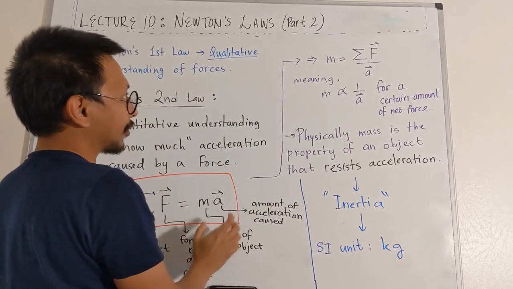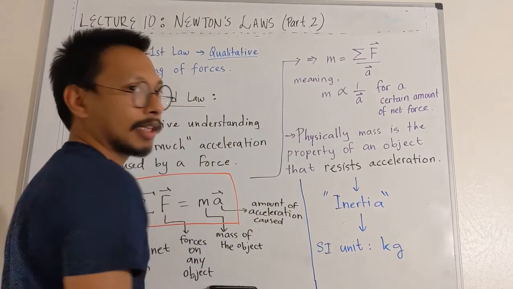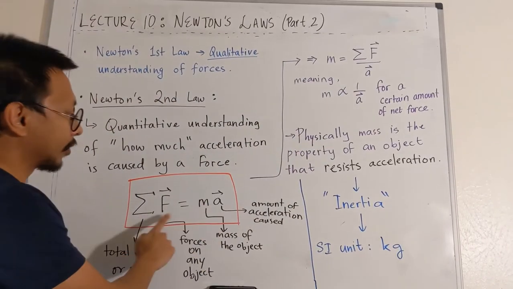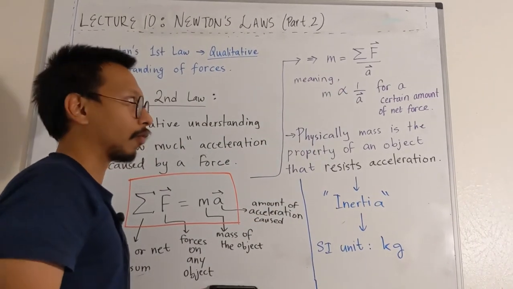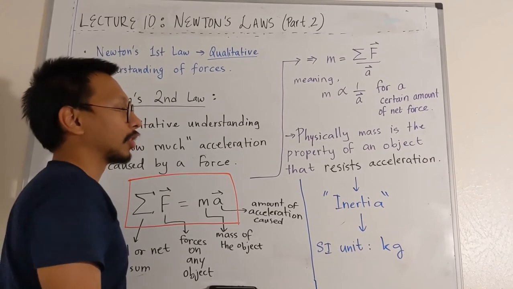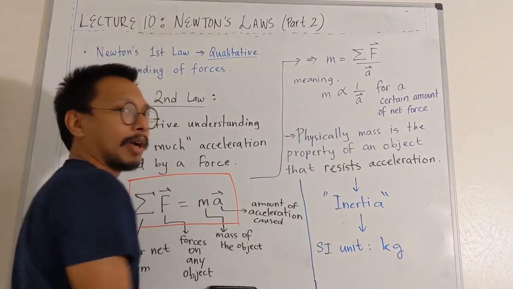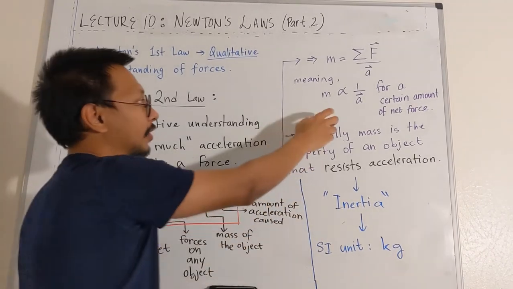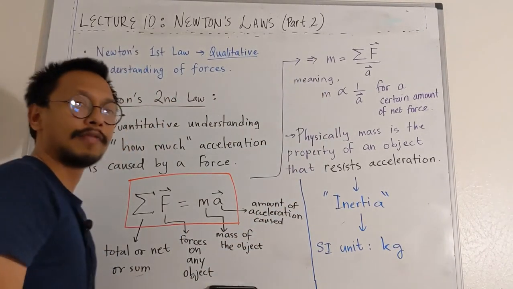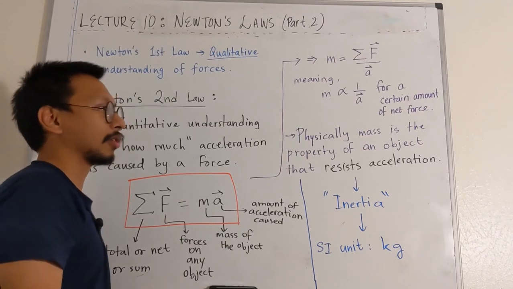And from this definition we can understand mass as follows. If we rearrange this equation, we find that mass is equal to the resultant of force, or the summation of all the forces on that object, divided by the acceleration that resultant force causes. This means that the mass is inversely related to acceleration.